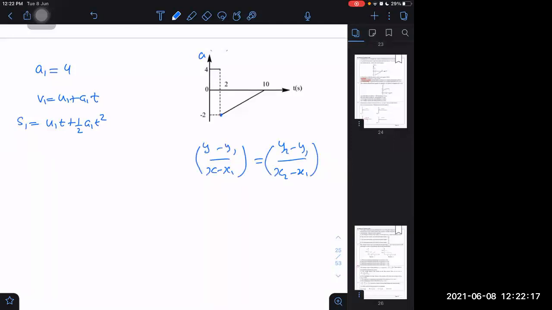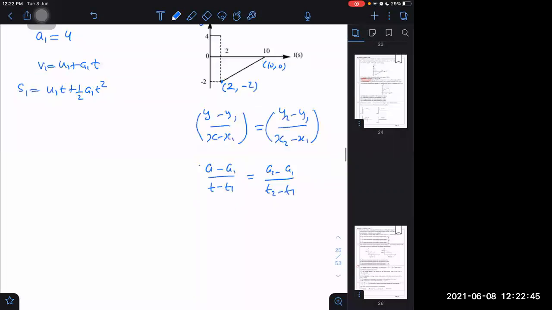The points are minus 2 along the time axis and minus 2 along the y axis. This is 10, 0. Then in place of y, think about a: a minus a1 upon t minus t1 is equal to a2 minus a1 upon t2 minus t1. This will give us the relation.